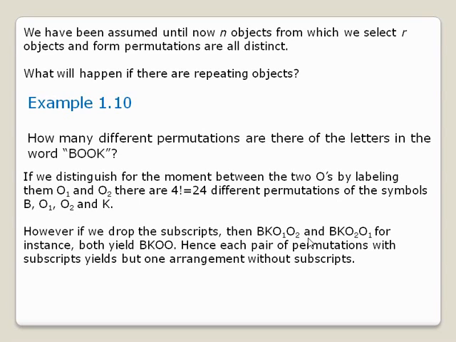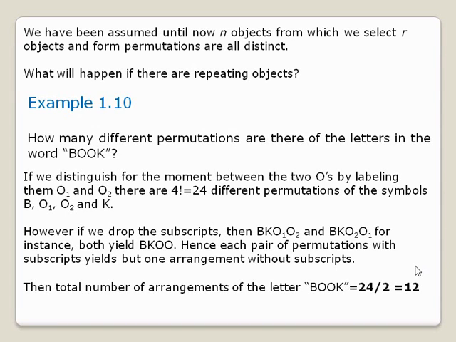Hence, each pair of permutations with subscripts yields but one arrangement without subscripts, which means the total number of arrangements of the letters of BOOK will be 24 divided by 2, where the answer is 12.